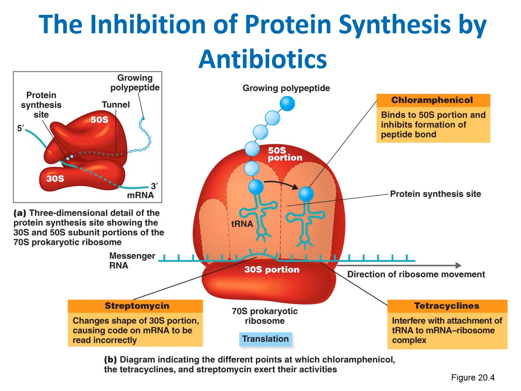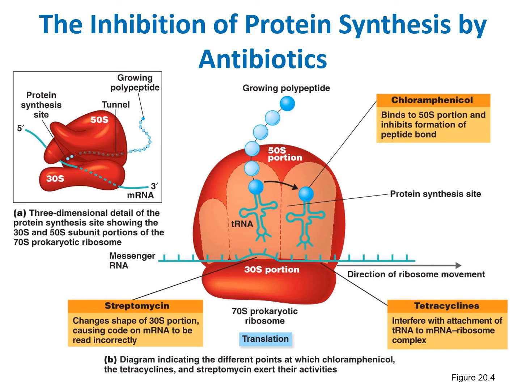Another step that can be inhibited during protein synthesis is the formation of the 70S ribosome. When that 30S initiation complex assembles with the 50S portion of the ribosome, protein synthesis can begin, and this particular step can also be disrupted by antibiotics.